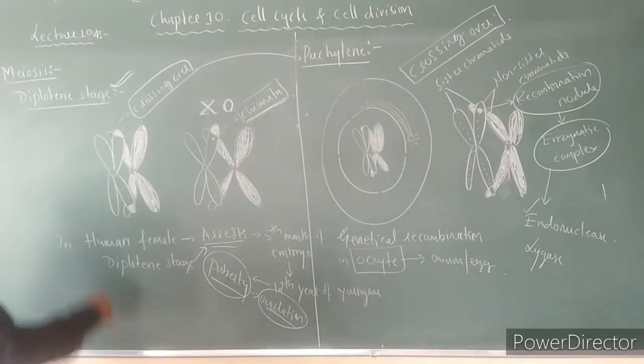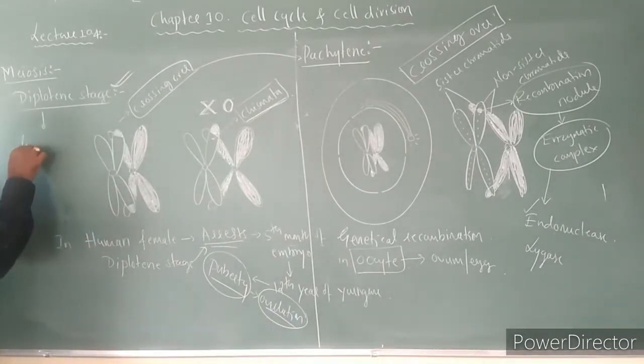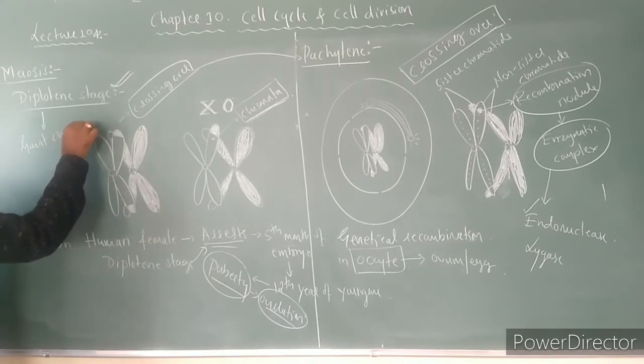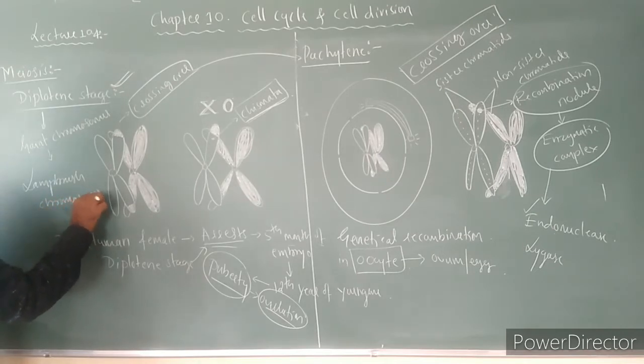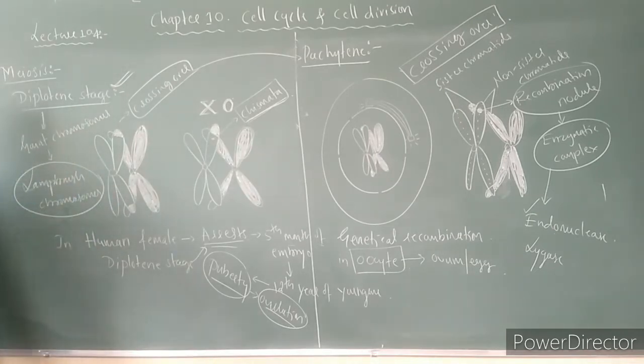And this is the stage where the giant chromosomes, like lampbrush chromosomes, are formed.